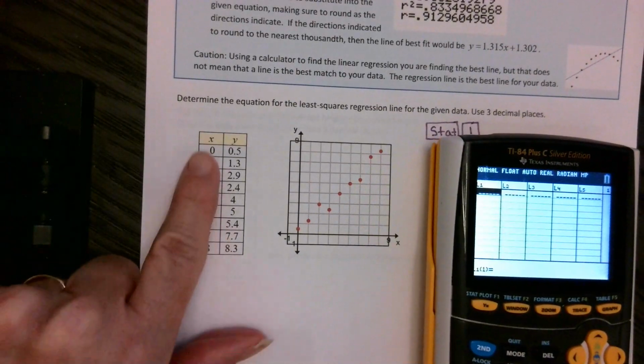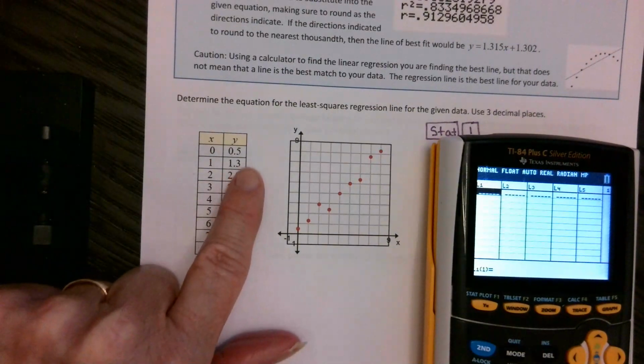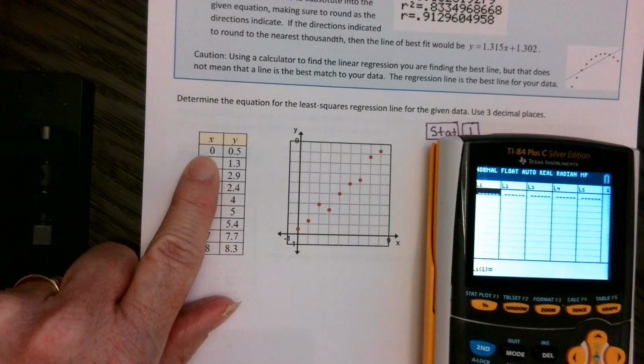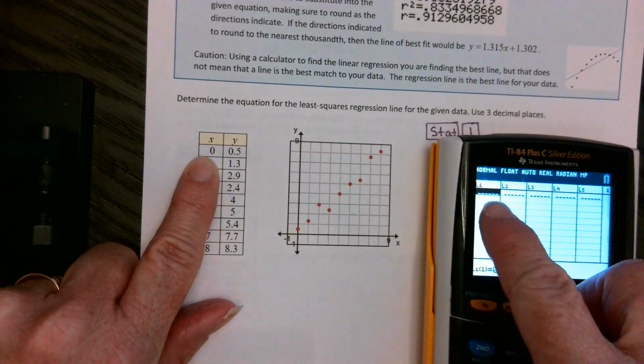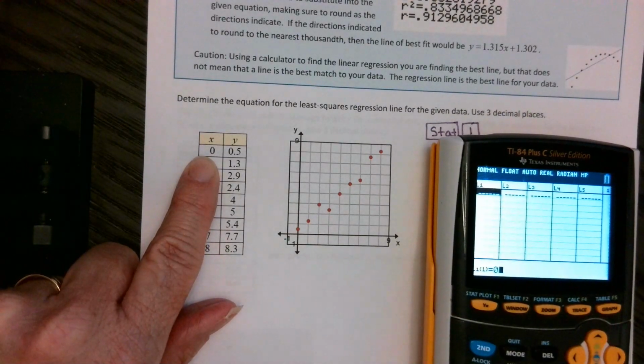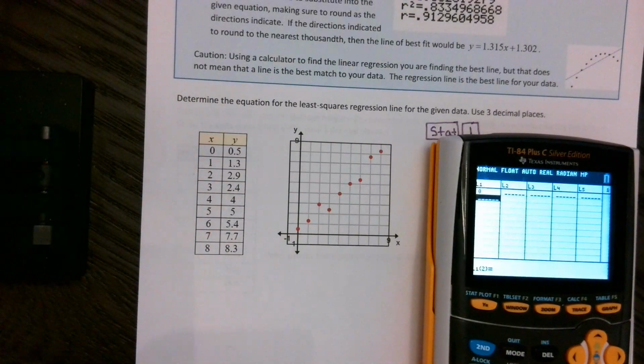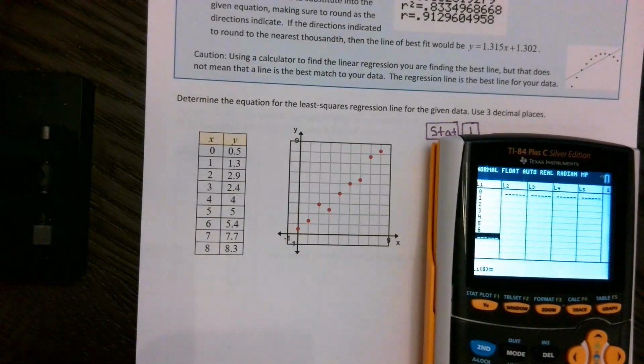Here I do my X's first, then I do my Y's, because I can do it faster. I'm going to hit 0, make sure that it's on this first line that's highlighted, hit enter, drops it down, 1, enter, 2, enter, 3, enter, 4, enter, 5, enter, 6. I'm going all the way to 8. So I have the numbers 0 through 8.